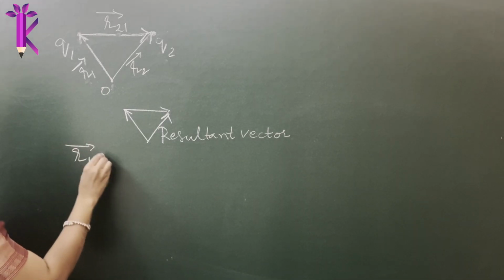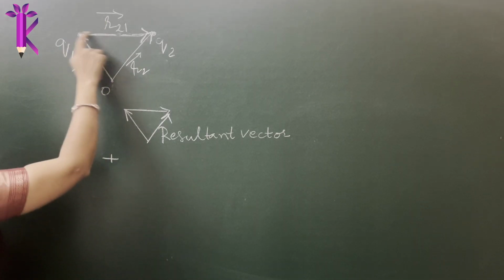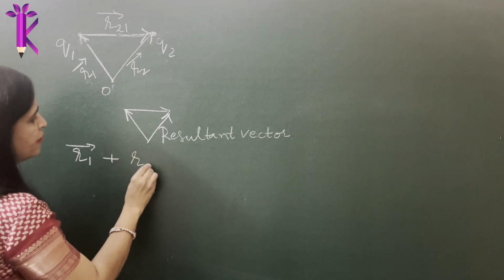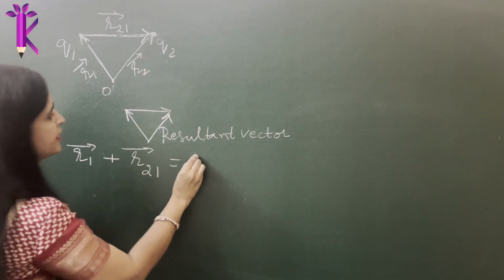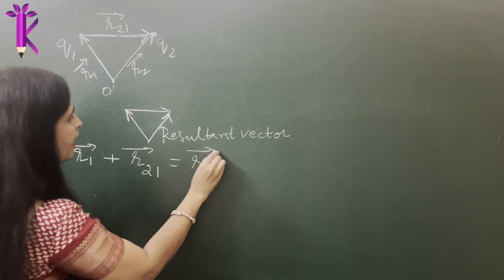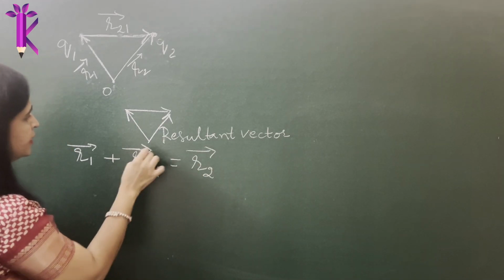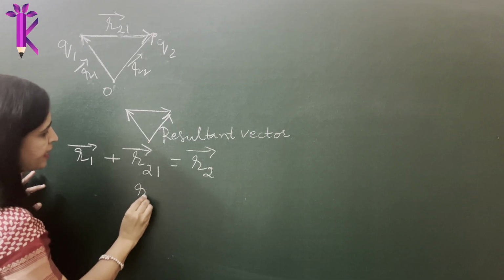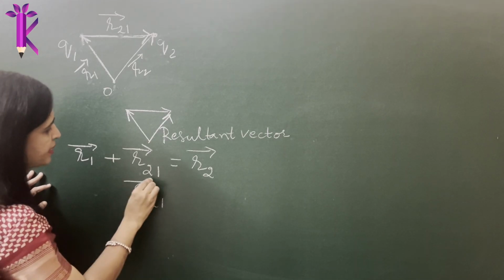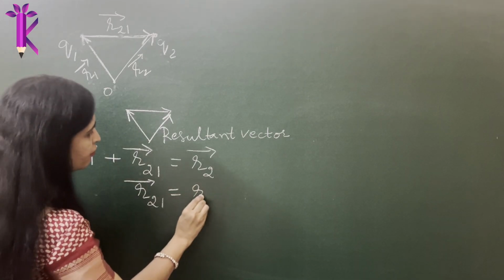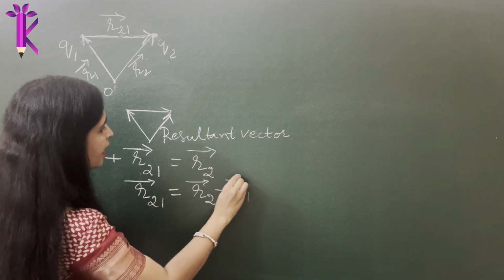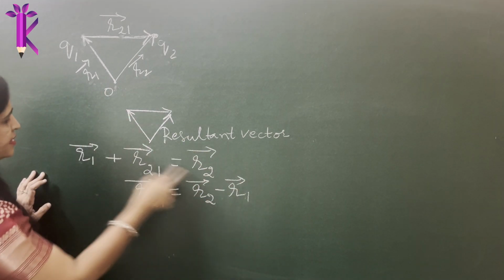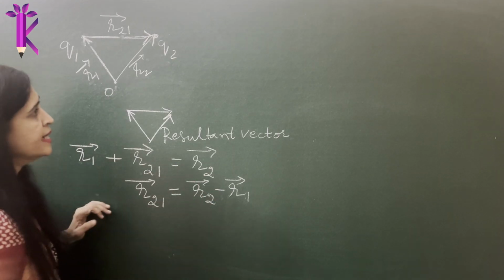Vector R1 plus the next vector in the same direction, vector R21, will give you the resultant vector, which is vector R2, right? So now what will be vector R21? Vector R21 will be equal to vector R2 minus vector R1, because when this goes to the other side, the plus sign becomes a minus sign.